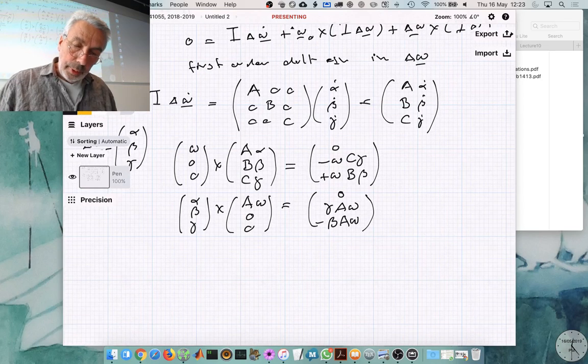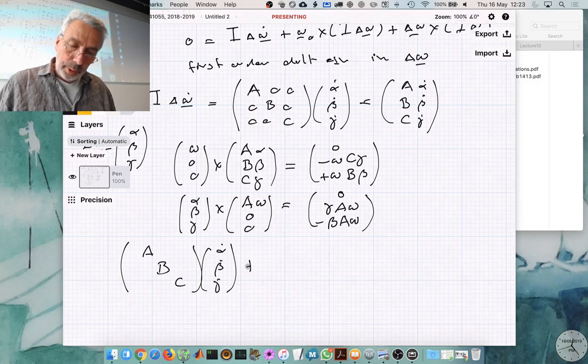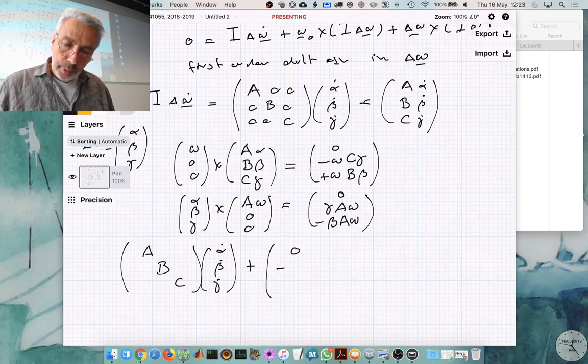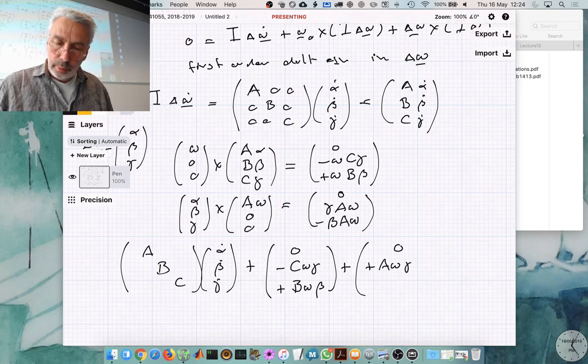So I get, I'll leave it like this because we're going to do eigenvalue analysis. Alpha dot, beta dot, gamma dot, plus, and then this guy, that was the first one, 0, minus C omega gamma, and this is plus B omega beta, and then here plus, and then I get 0, and I get a plus A omega gamma, and I get a minus A omega beta.